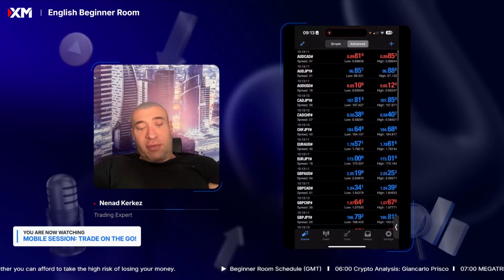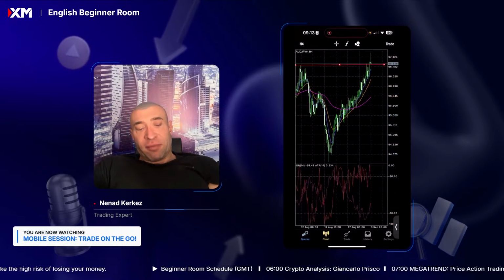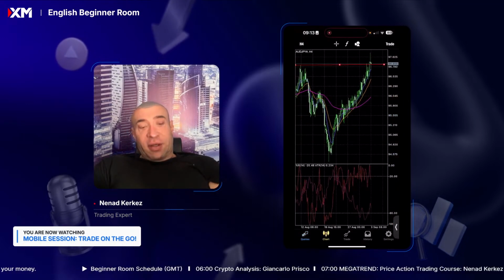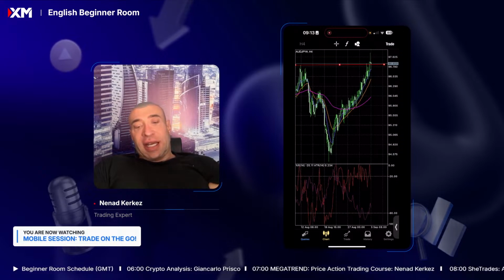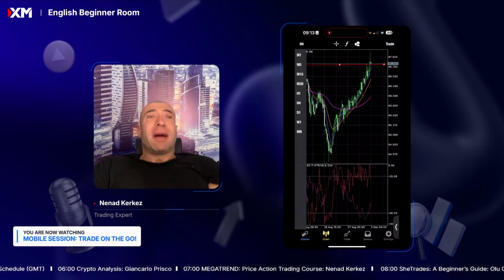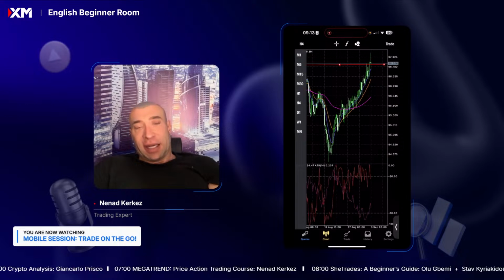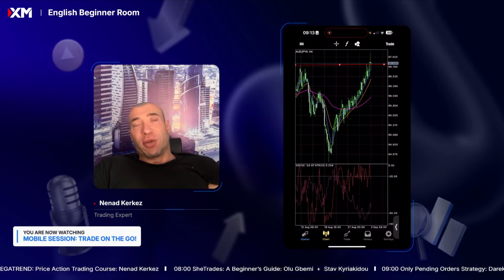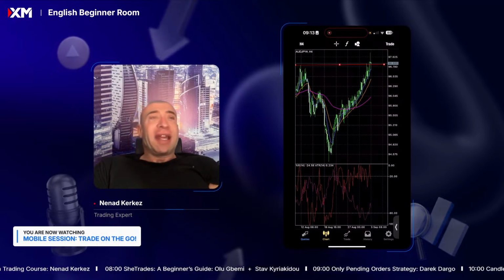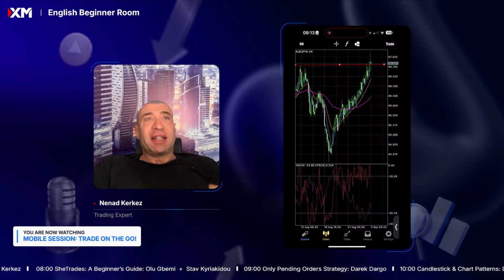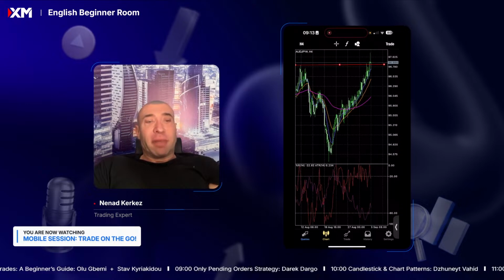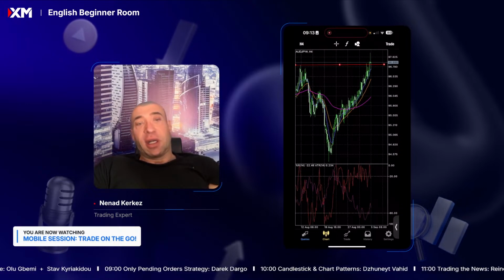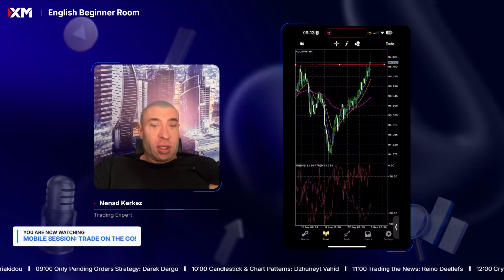Now, I was talking about ATR. So, guys, look, when you go to the daily time frame, because on mobile you cannot use custom indicators. On my desktop version, you know that I use custom ATR, which is telling me the digital number exactly for the range.